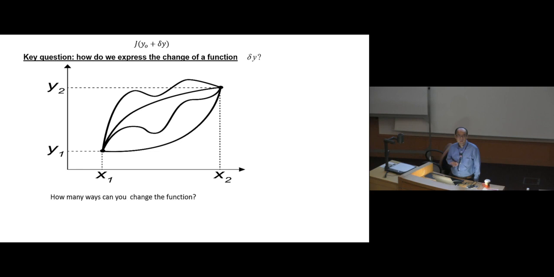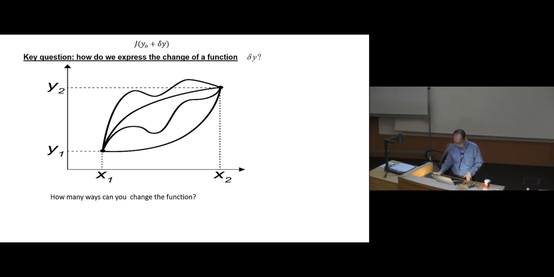Infinite number of ways. That is different from how we change the optimal solution for one scalar function. There is only one way: you change x by a delta x.